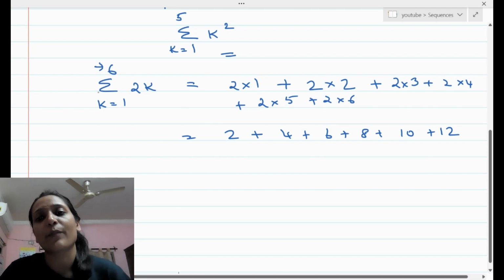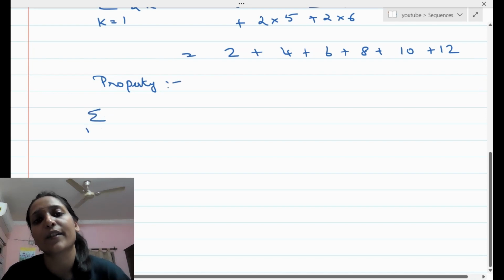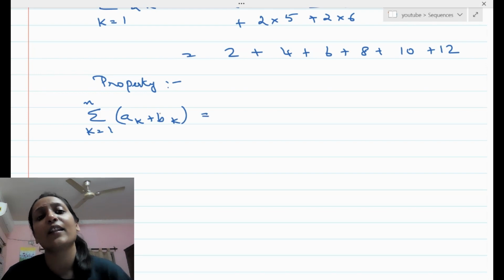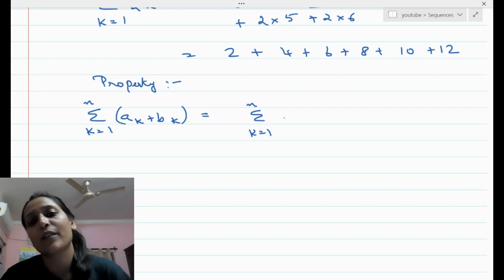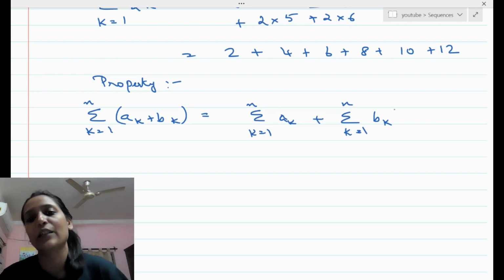Now let's look at some properties of sigma notation. The first property is that if I have a sigma notation represented as k equal to 1 to n, a_k plus b_k, I can expand this and make it into two individual sigma notations, because each of them could correspond to their individual series. This comes in handy when you're given a really complicated sigma notation and you want to break it down into smaller series and figure out the solution for that.